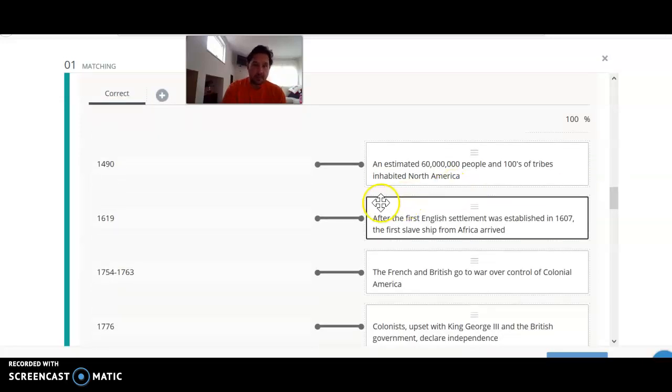It begins prior to 1492, prior to European contact, just to understand that before Europeans made contact with the New World, there were already millions of people that were here, hundreds of tribes, some significantly advanced cultures. So that's where we start.